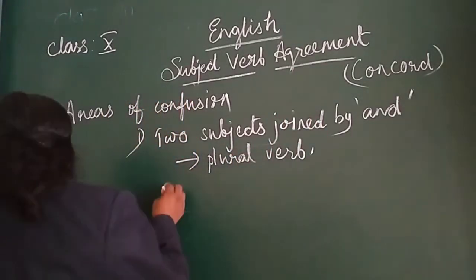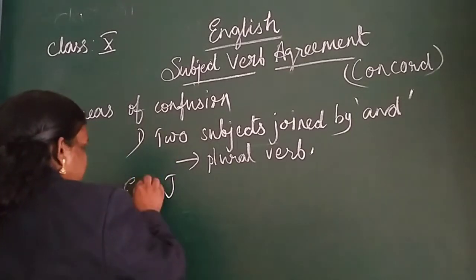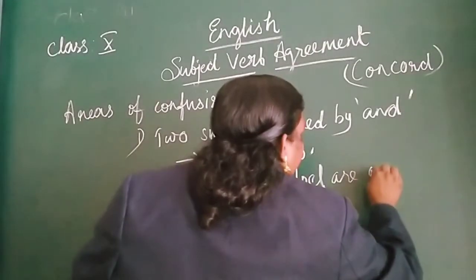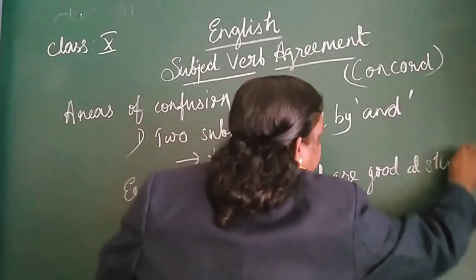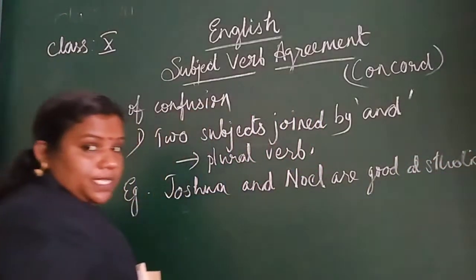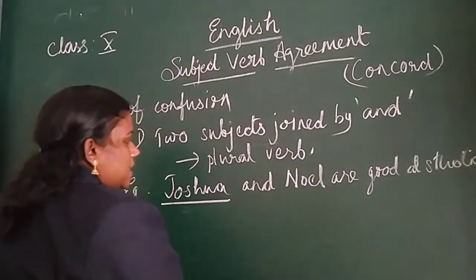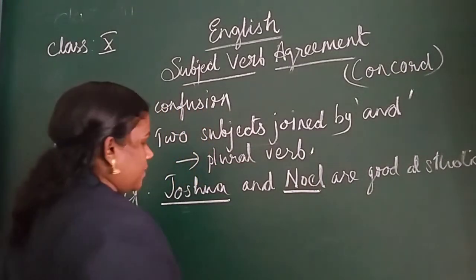For example, Joshua and Noel are good at studies. Here you see, Joshua is a singular subject. Noel is another name of a person.